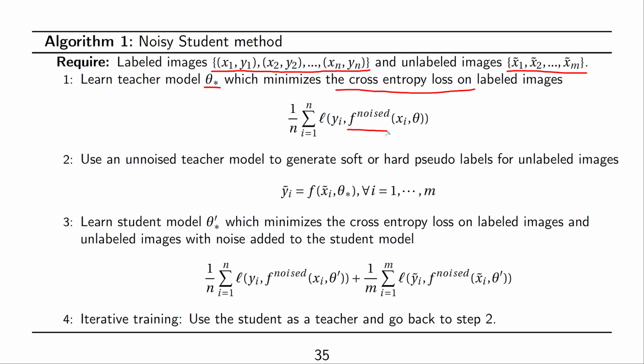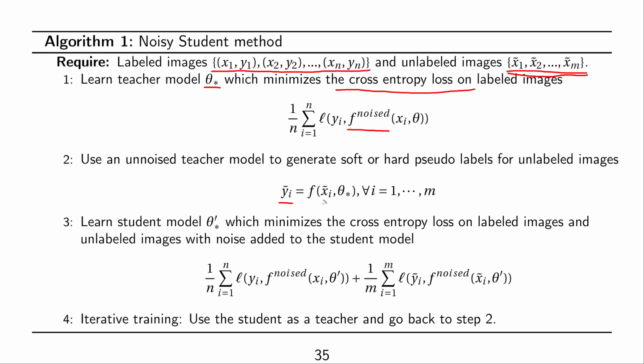And the teacher model is being trained using this f_noise, which means it uses a source of noise, such as dropout or data augmentation, as discussed on the previous slide. Then we go to this very large dataset, x1 tilde to xm tilde, and we use this trained teacher model, but without noise, to predict the pseudo-labels on this very large unlabeled dataset.